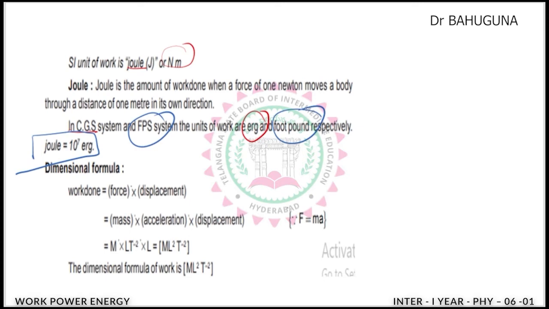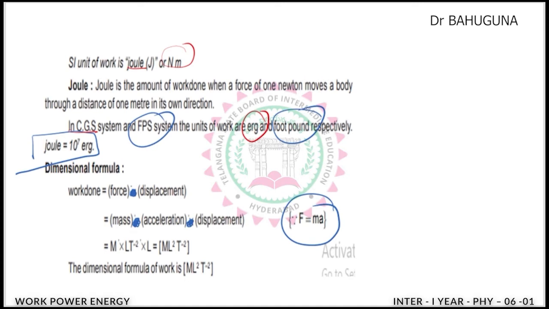What is the dimensional formula? Work done is equal to force into displacement. It is a dot product. But force is nothing but mass into acceleration, from Newton's second law, F is equal to ma. Therefore work is equal to mass into acceleration into displacement.